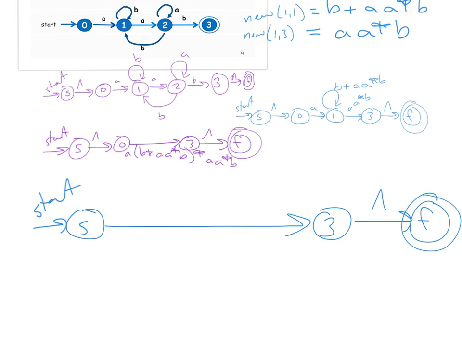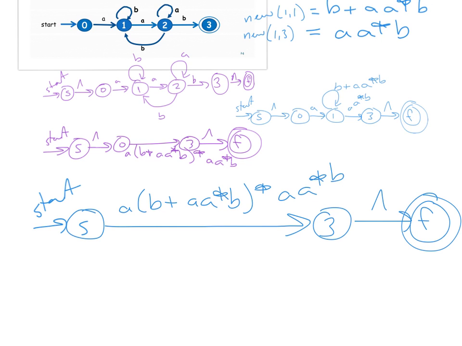Between S and 3 we will have A times (B plus A star B), all starred, times A star B. And we are almost there.